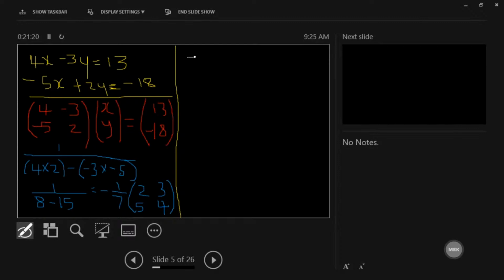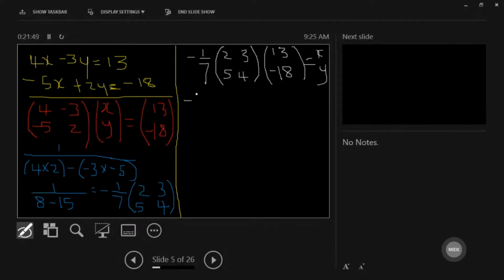So it's negative 1 over 7 times 2, 3, 5, 4 times 13 over negative 18 equals x, y. Keep your fraction till the last minute. Multiply these two matrices.